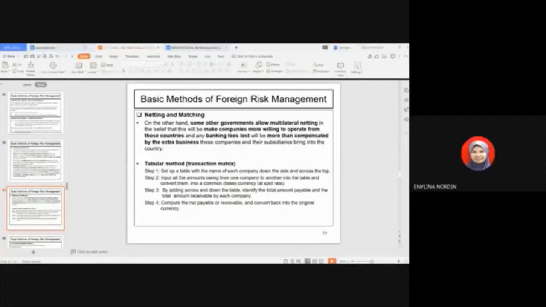For example, let's say on the 1st November, the company received 2 million US dollars from the US customer, and then on 15 November, company A pays 1.9 million US dollars to the US supplier. So this is one for export, another for import.